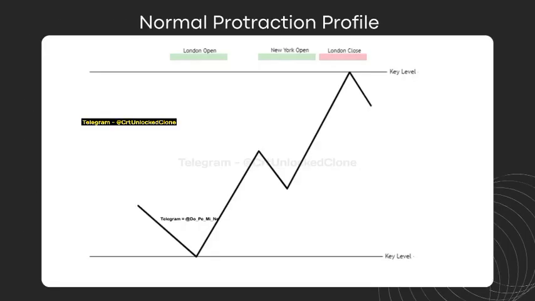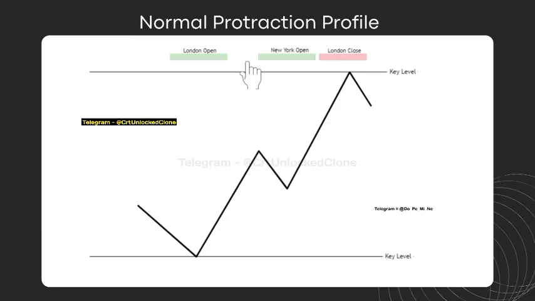Okay, so let's discuss the details of each one of these intraday profiles. First of all, you need to know the framework that we are dealing with, okay? This section right here represents the Asian range or flout. And this segment of time represents the London Open, which is from 2 a.m. to 5 a.m. Eastern time.